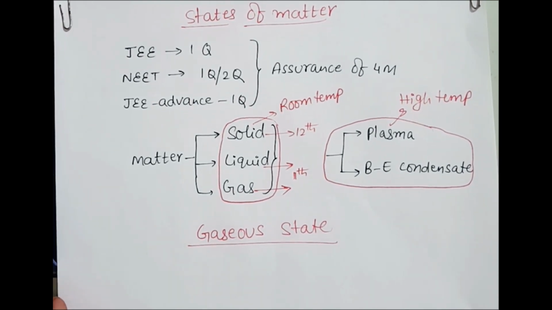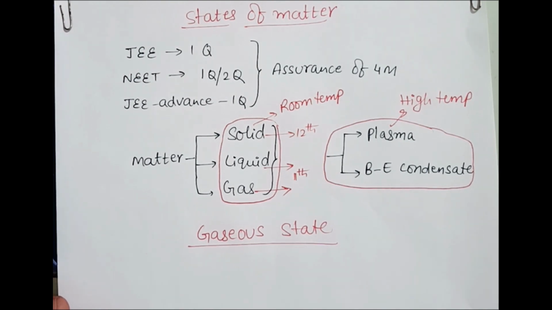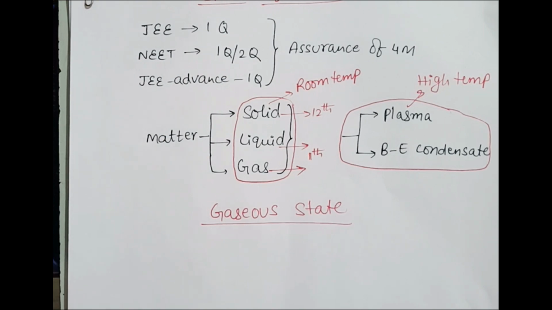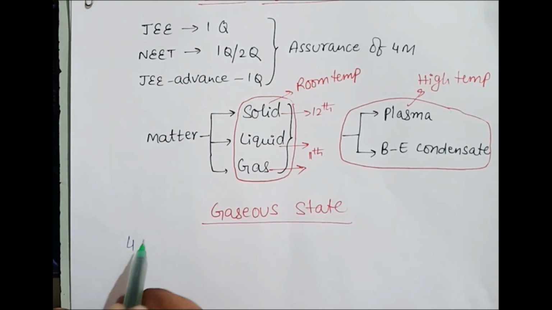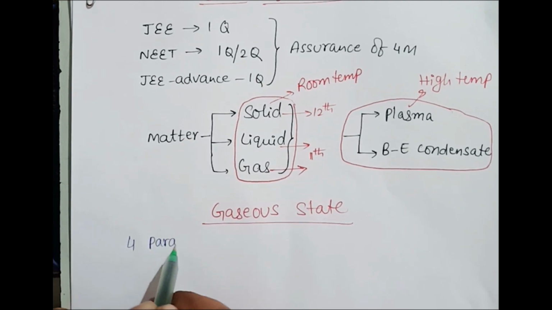In the gaseous state, we mainly deal with 4 parameters. What are those 4 parameters?